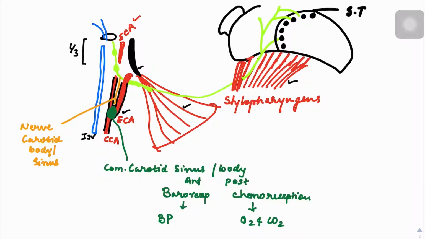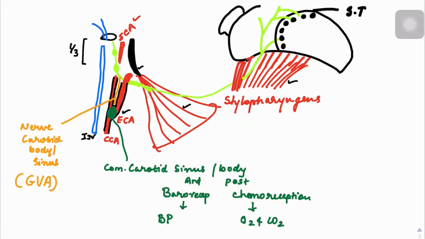Now this type of functional component, which takes the sensations from a changing blood pressure and changing chemical composition to the cranial nuclei of the glossopharyngeal nerve, belongs to a category called general visceral afferent. So that's my second component.